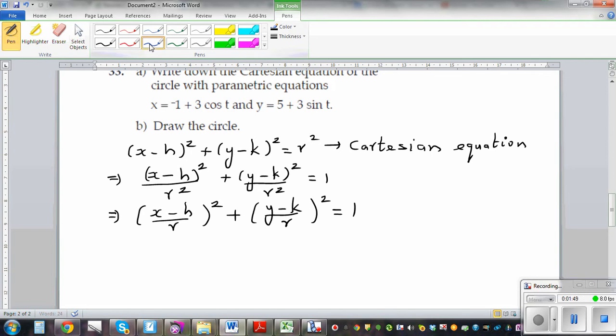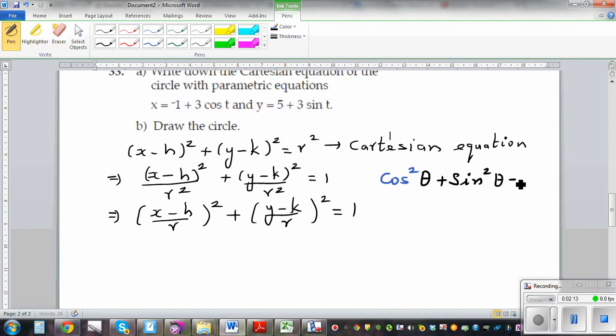In trigonometry, one of the basic identities is cos squared theta plus sine squared theta is equal to 1.